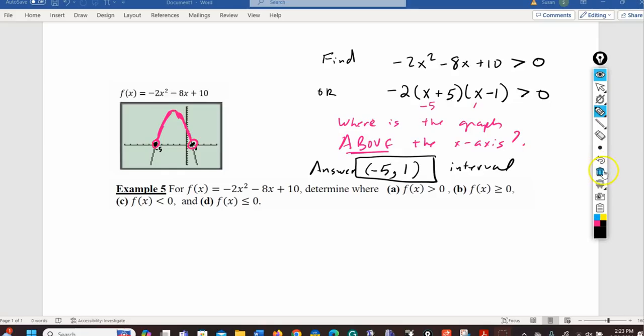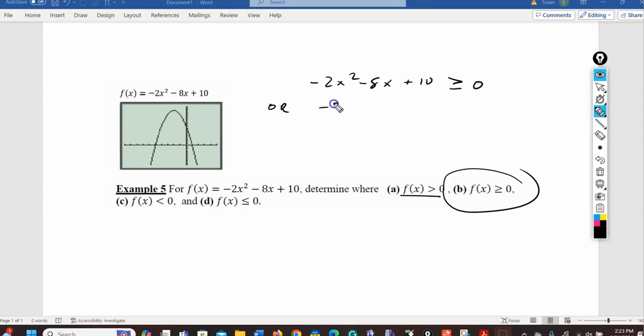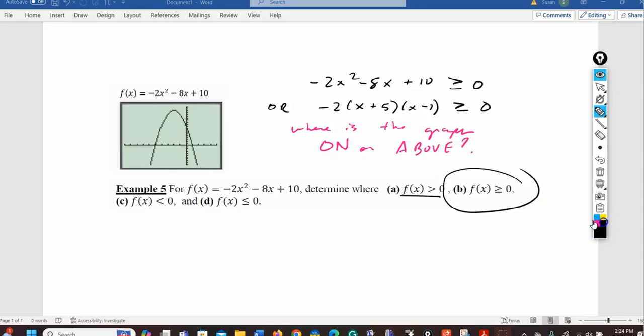Okay, so that's for that one. What about for this one? What would be the answer to that one? Or it could be given to us in factored form. Well, because of this symbol, you're being asked, where is the graph on or above. See, equality is included, so on or above the x-axis.